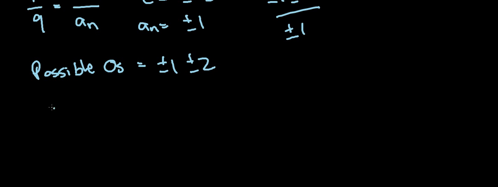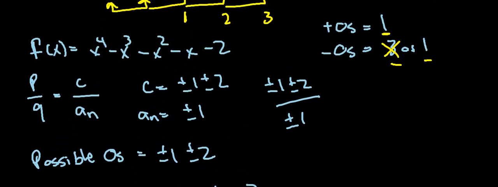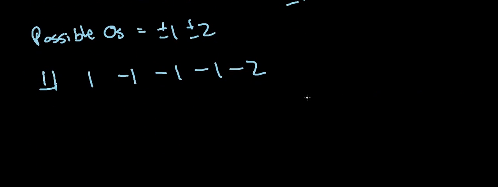So let's do synthetic division. We'll try 1 first. So we have 1, minus 1, minus 1, minus 1, and minus 2, I believe. Let me scroll up and check. Yeah. Don't want to do a whole bunch of synthetic division and then have it be wrong.